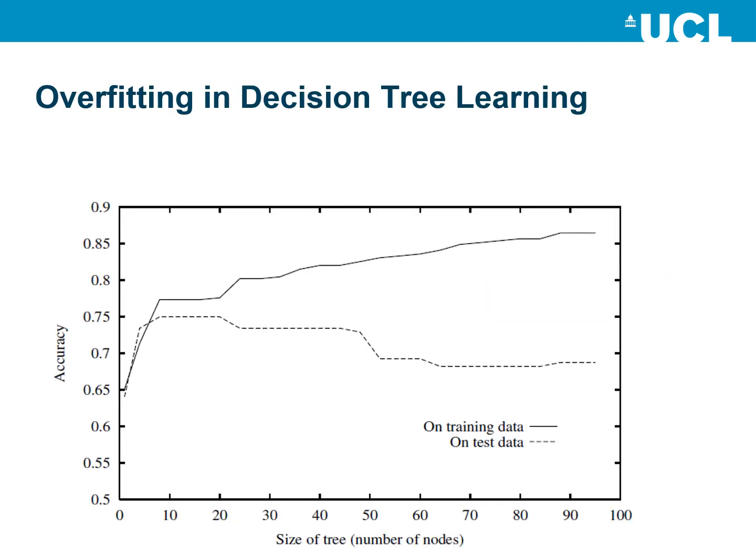In that particular illustration, you can see how overfitting would possibly affect your decision tree learning. Consider you have on the x-axis the size of the tree or the number of nodes. The more nodes you develop, the better your training set will be predicted by the decision tree.